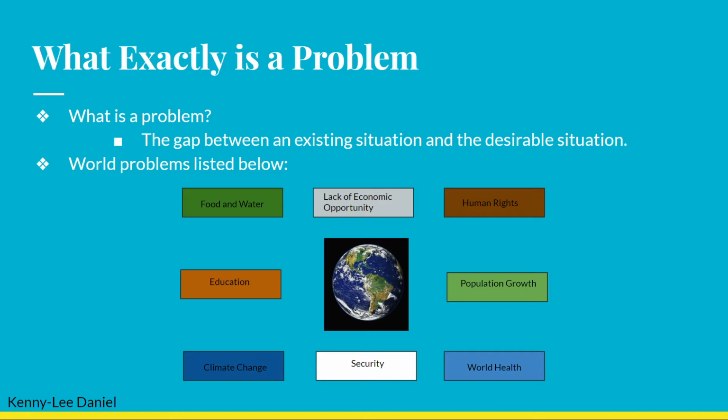Previously mentioned, the population growth throughout the world. We're growing at a rate of around 83 million annually, which is 1.1%. And that leads to strain on our food supplies, our water supplies, and economic opportunities are reduced as we grow, and we need to find innovative ways to fix these problems.